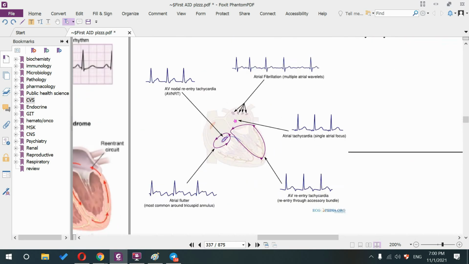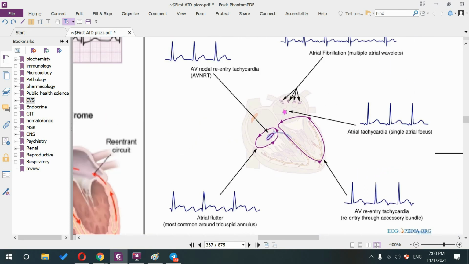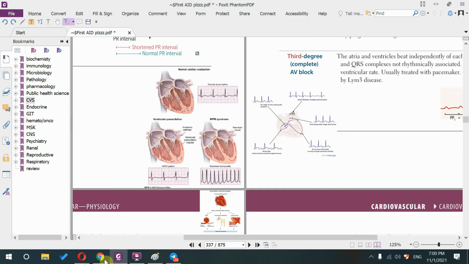So the last thing before the break, you can see here the examples. Can someone tell me which one goes counterclockwise and which one goes clockwise of these AV re-entry tachycardias? Which one is counterclockwise?